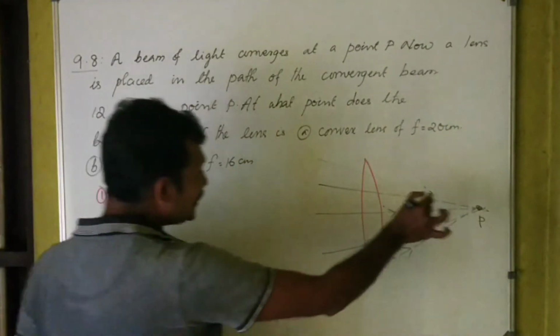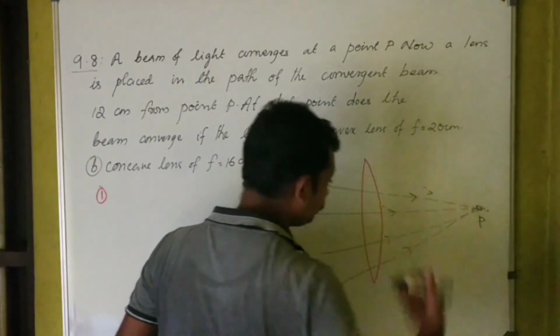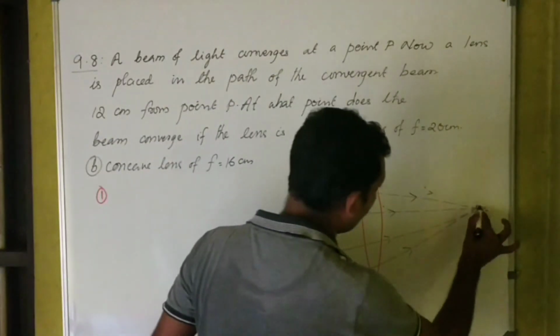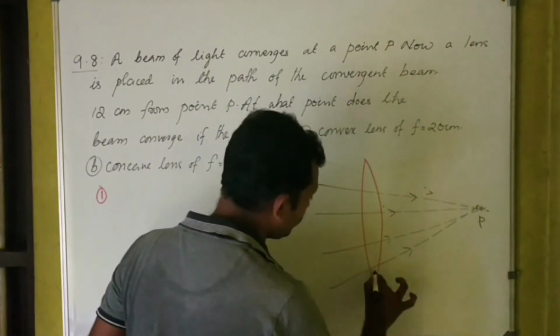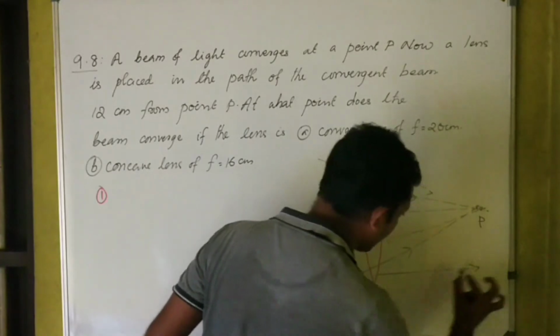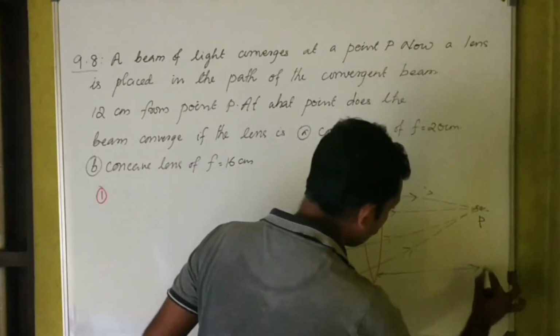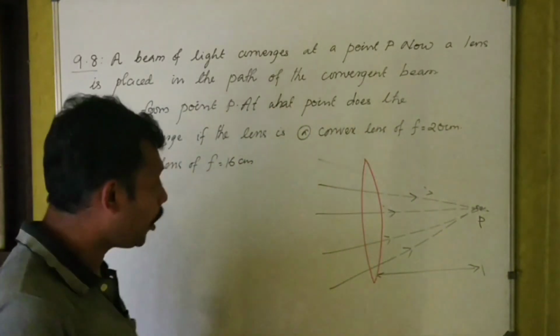The image formed at the point P will act as a virtual object for the refraction.